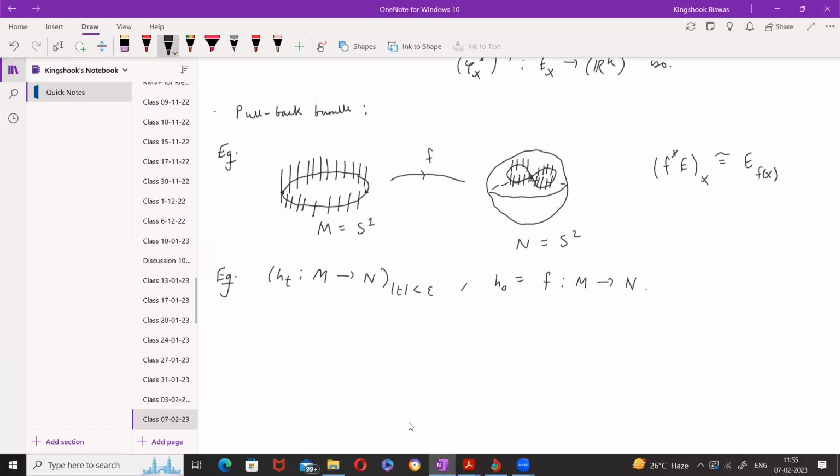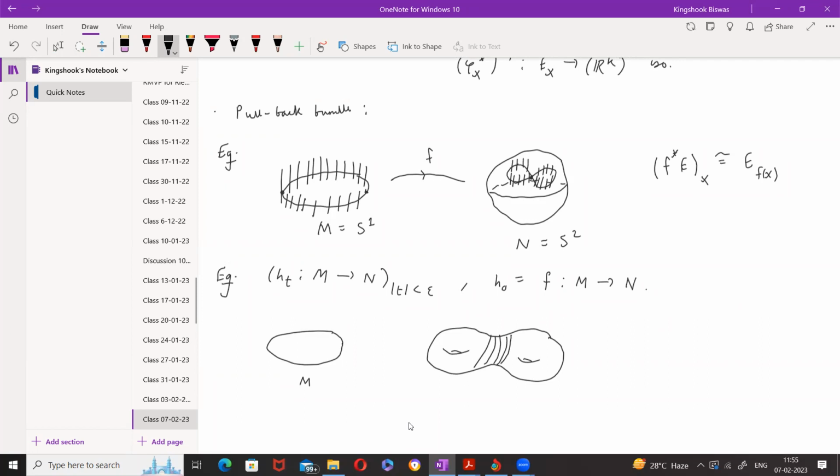So for example, M could be the circle. This is say M, and say this is N. And my homotopy of maps, maybe it looks something like this. These are my maps, H_t. Now what can I do?